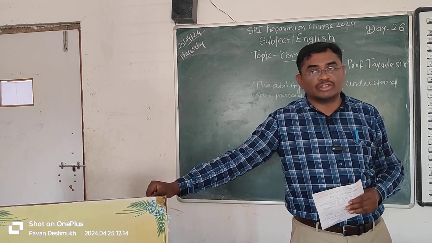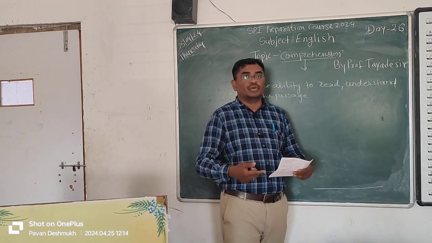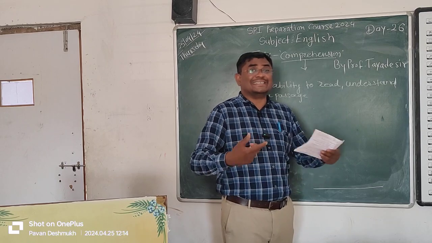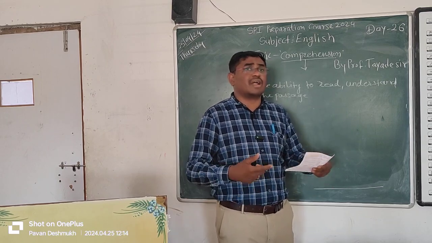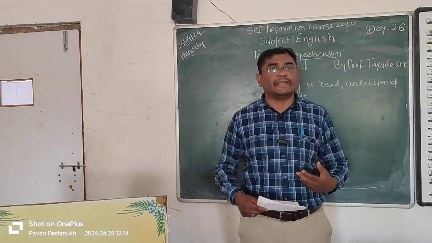What was the purpose? To express our point of view, feelings, emotions, desires, ideas, whatever comes in our heart or mind. To express that, language was produced by human beings.